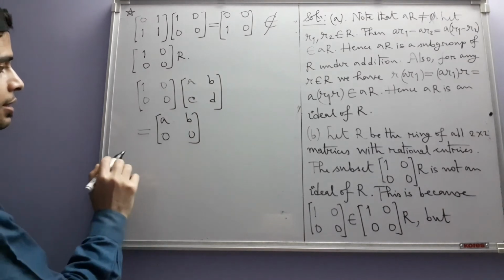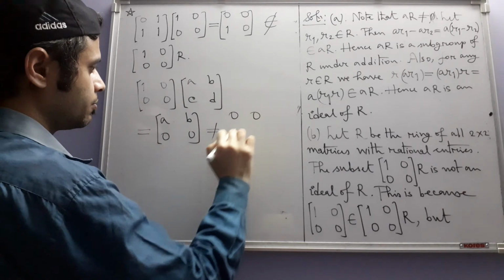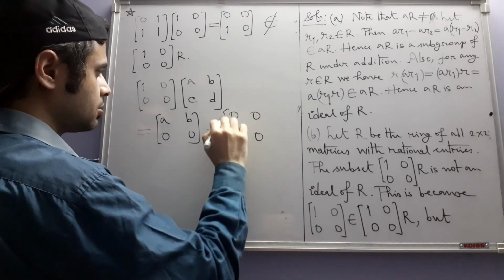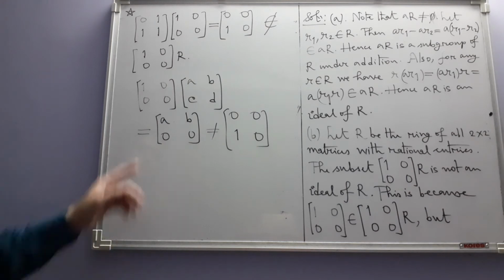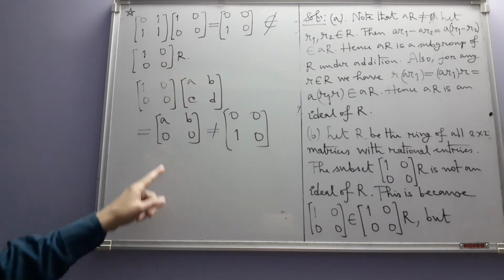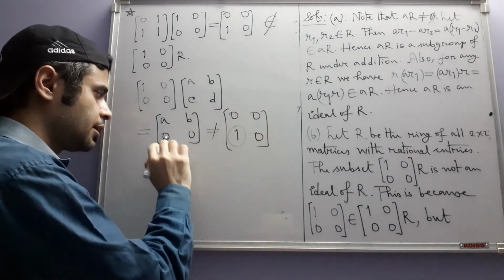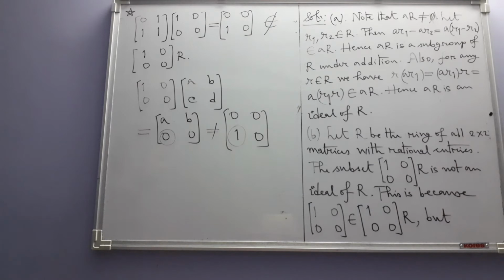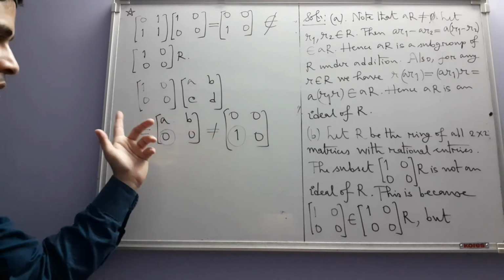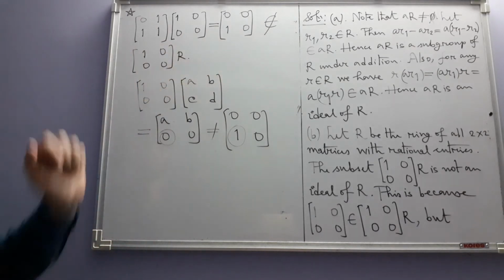So you can see that this can never be equal to this. Irrespective of the choices for these 4 rational numbers, this cannot be equal to this. Why? Because this second row, first column elements are different. They are fixed and they are different. So these two matrices can never be equal. That's why this matrix does not belong to this.